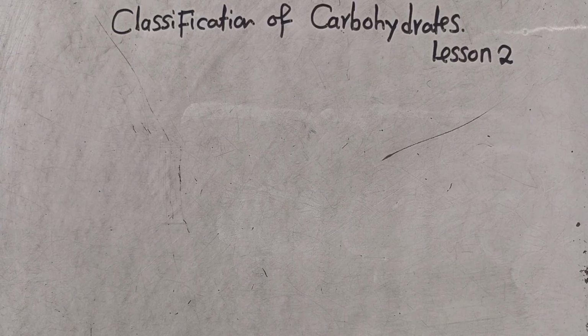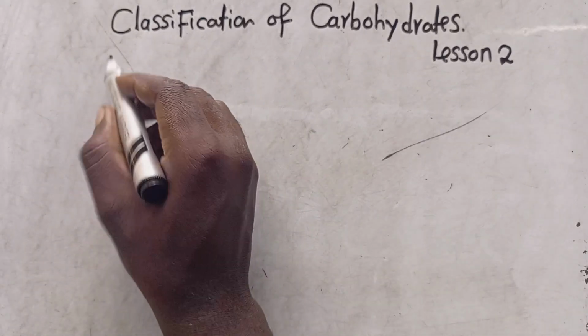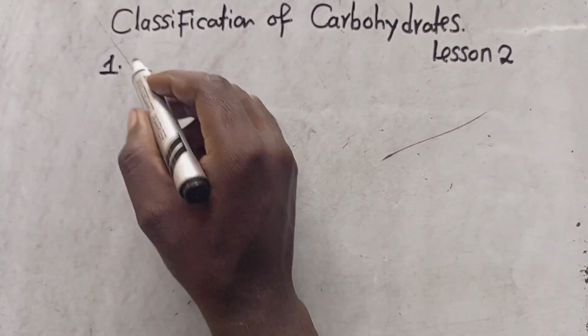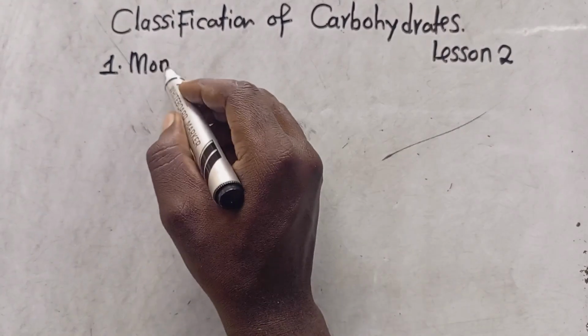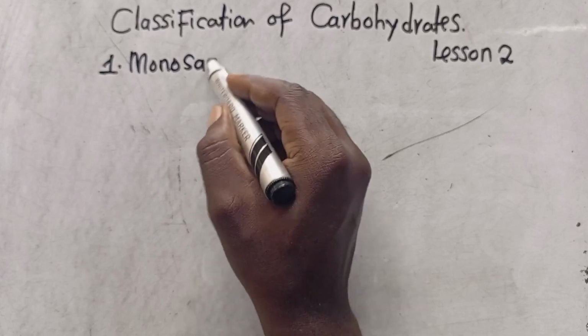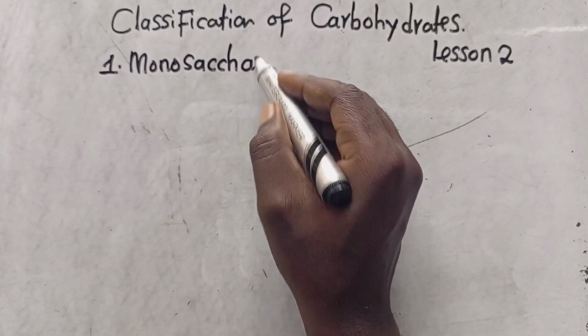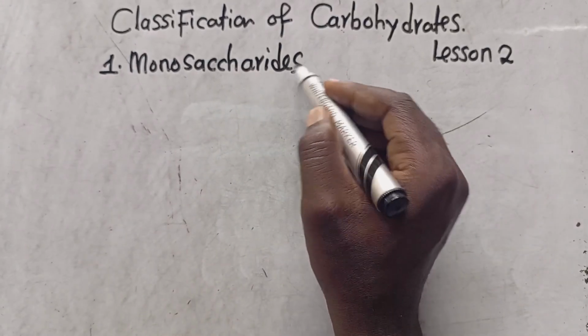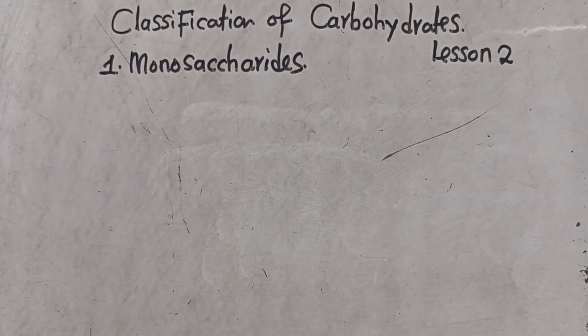This is the last part that we did in lesson 1, classification of carbohydrates. We talked about three classes. The first class is the monosaccharides, and I also gave you examples.